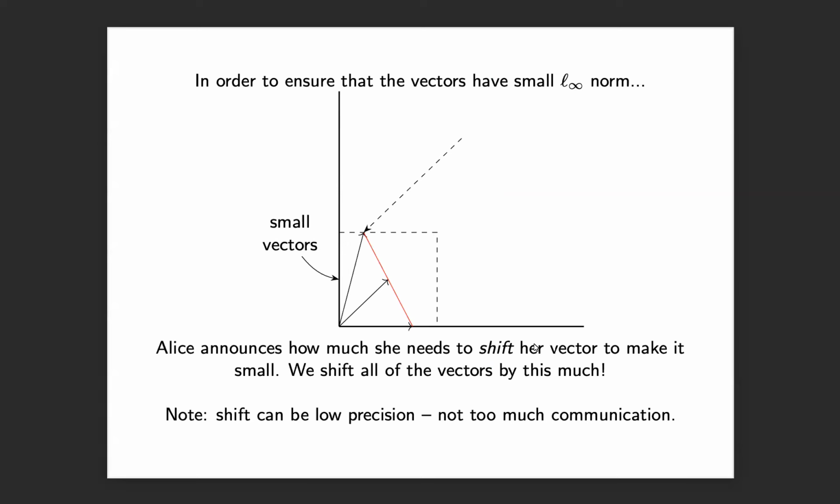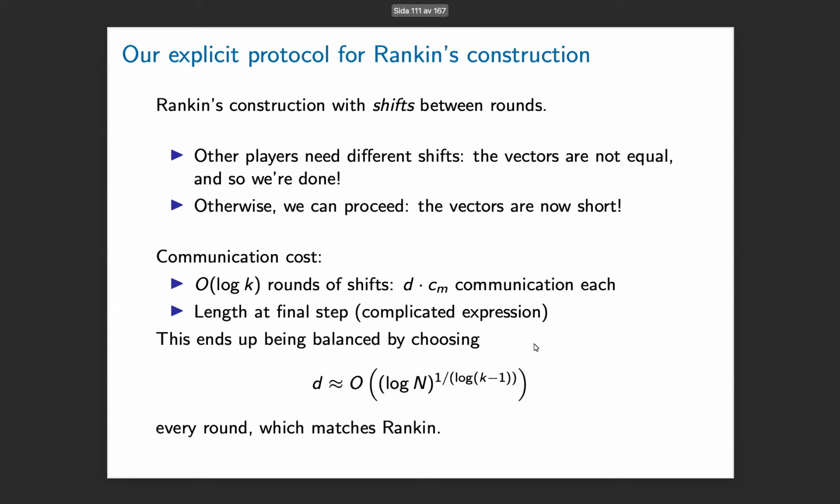And so this shouldn't take too much communication. Okay, so if other players shift their vector by the amount that Alice says, and they find that they have a vector with a long coordinate that's not within the box that we wanted, we're done. Because remember, what we were trying to do is figure out if the vectors are equal. Otherwise, we can proceed. Now the vectors are short, so the arguments of Rankin's construction work.